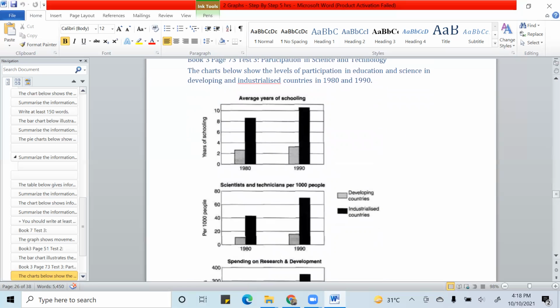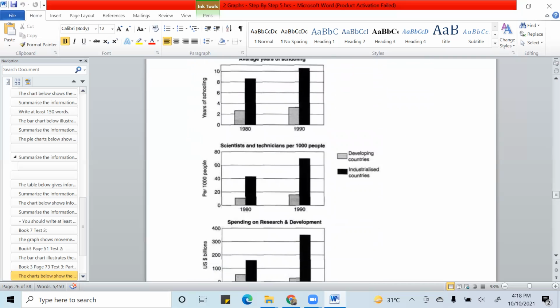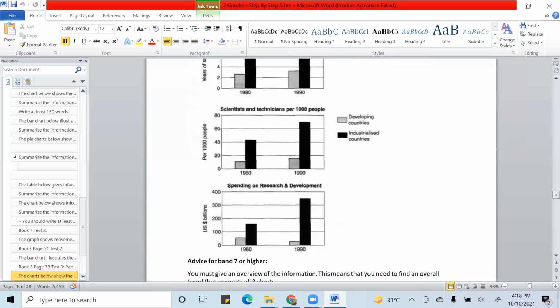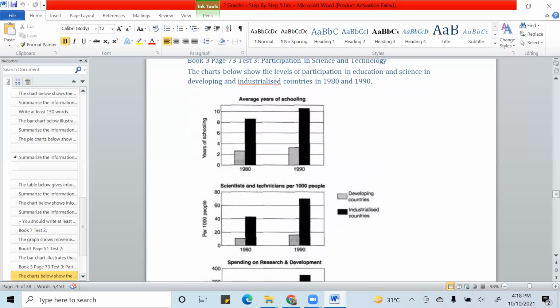Overall, we can see that there is an increasing trend from 1980 to 1990, except for the expenditure on research and development by the developing countries. And then you can talk about each of the graphs one by one.